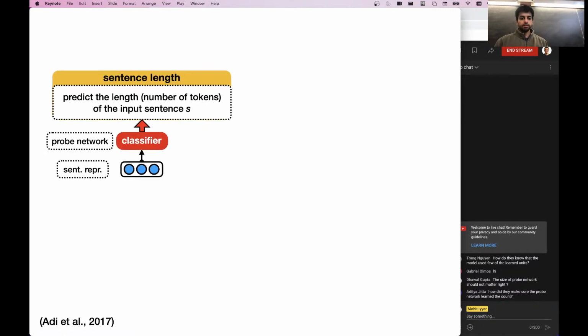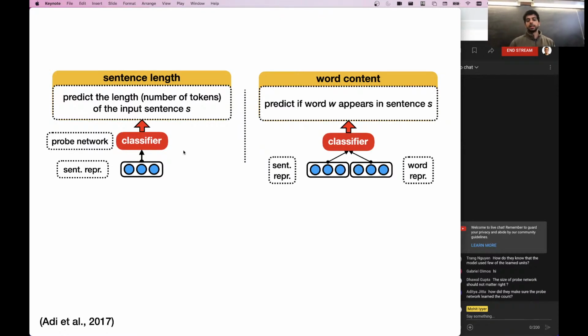Okay, so here's another probe task, word content. Here, you actually have two inputs to your probe network. The first is the word W, a candidate word, and you're asking the question, does this word appear in the input sentence? I might have a sentence like, John went to the store, and a candidate word like bug.